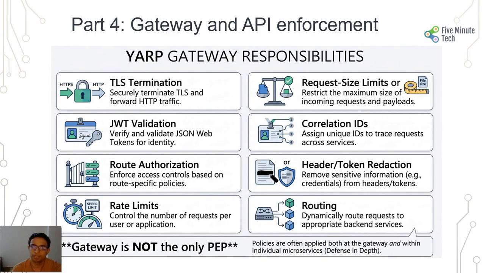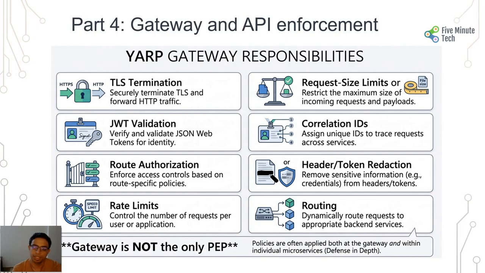For example, the route POST orders requires the scope orders.create, right? If the user is not authenticated, it returns 401. If they are authenticated but lack the required scope, it returns 403. However, gateway enforcement is not good enough, right?